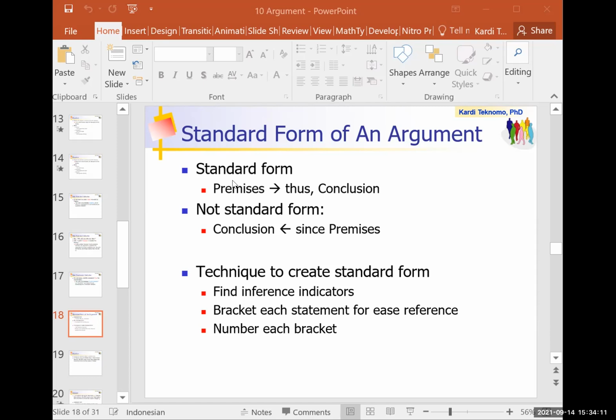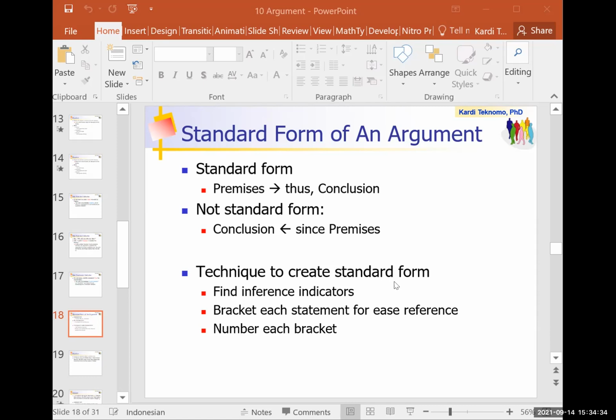Conclusion, since, premises. So it is possible to do that. Now in the next few practices, you're supposed to create the standard form. What is the standard form? If premise, thus conclusion.